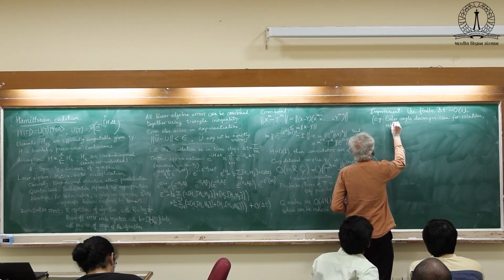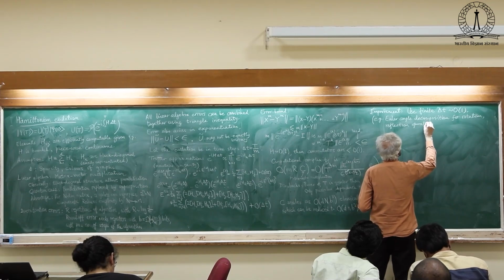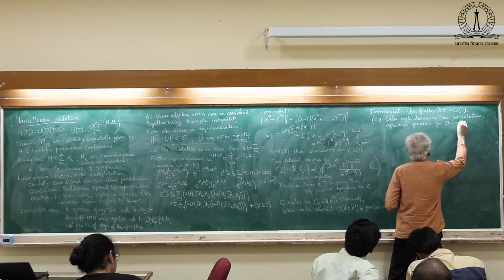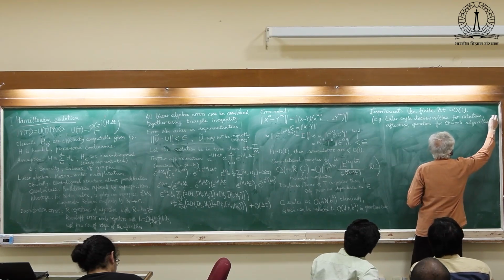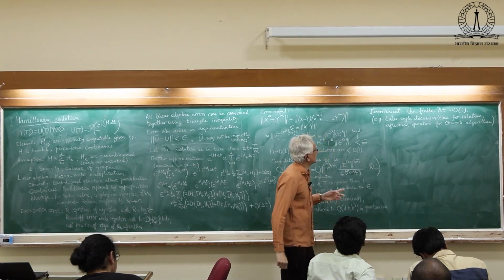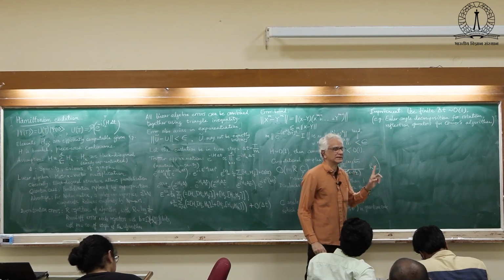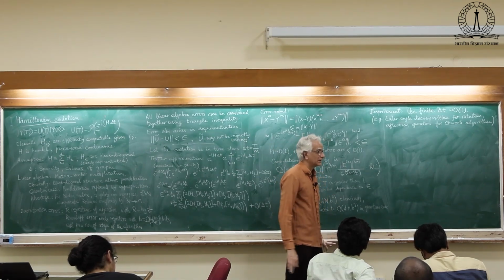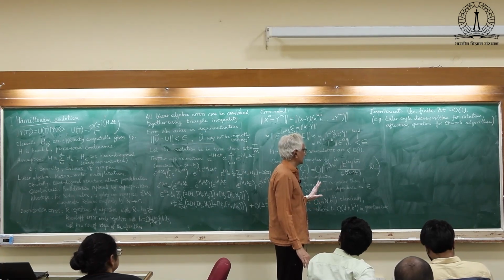So this is a generic feature. If you want to get a good quantum algorithm, try to figure out where you can take steps which are order 1. Otherwise, the scaling is going to be not what you call efficient.